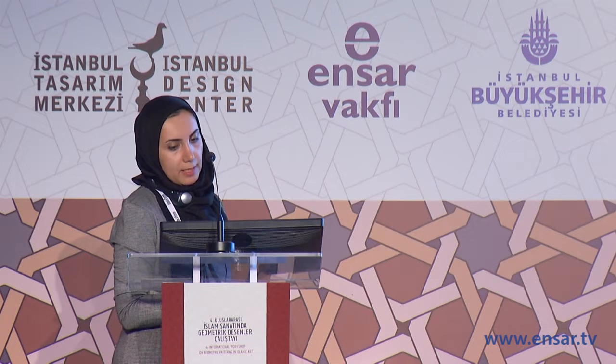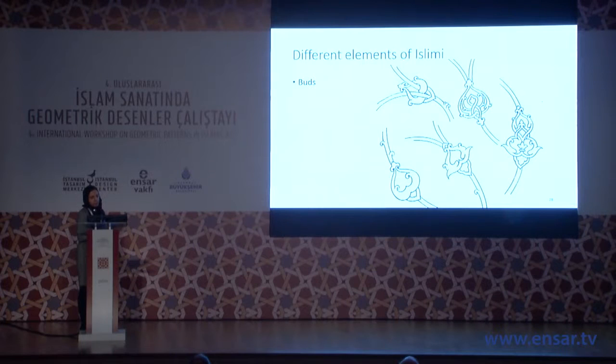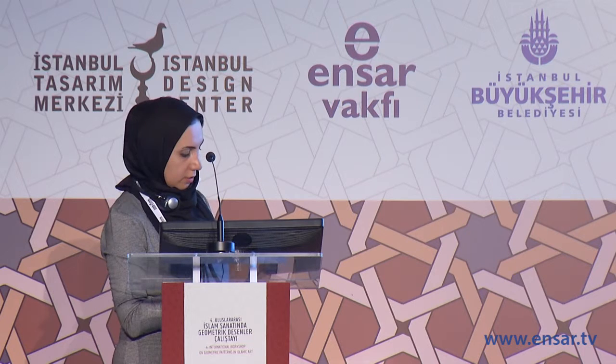In the places where a second or third stem has to be added to the work, we use the buds, and they use the same spiral movement to create various types of buds to connect these spiral stems to each other.